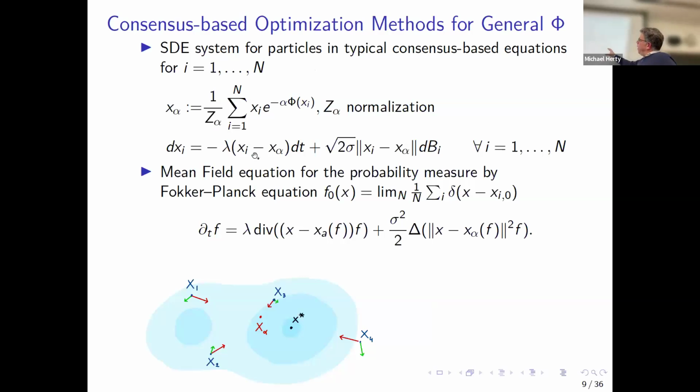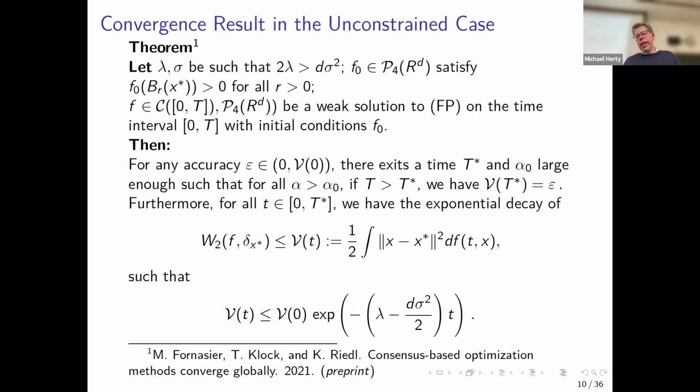You look at the PDE and you try to do essentially an energy estimate, which tells you that f concentrates to a delta, because you want the mean of the particles to concentrate at the minimum and the variance to tend to 0. So this means that f should go to a delta. So you need an energy estimate.